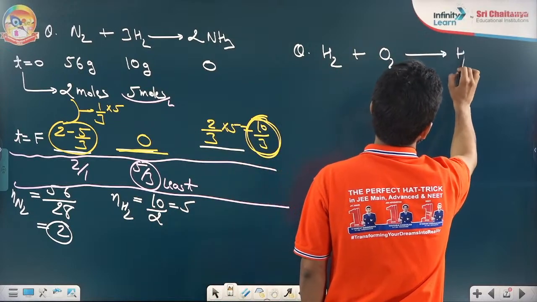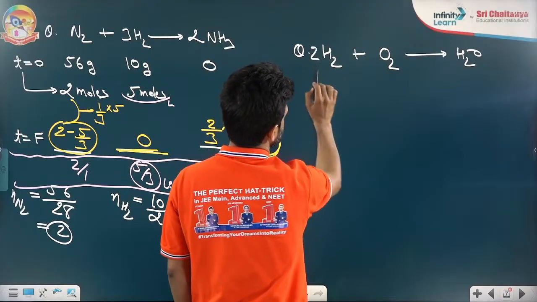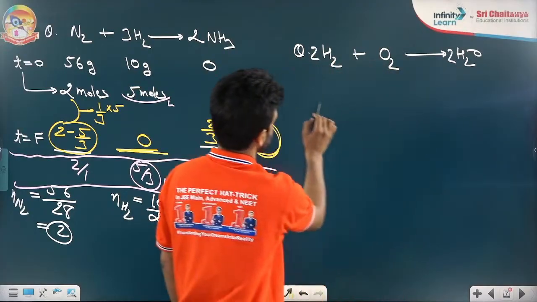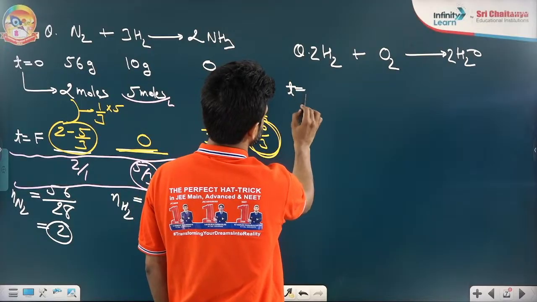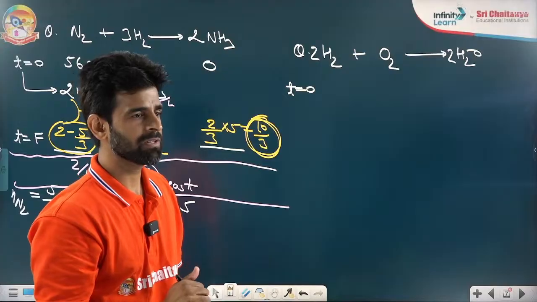H2O2 is giving H2. First balance it. Let me help you to balance. This is a balanced equation, right? This time give me the answer right; in the previous question many students made a mistake. Carefully give the right answer.